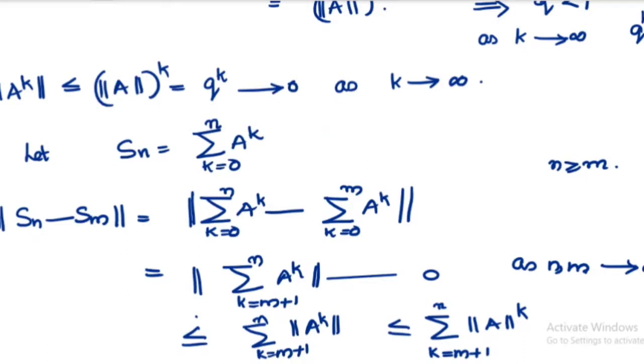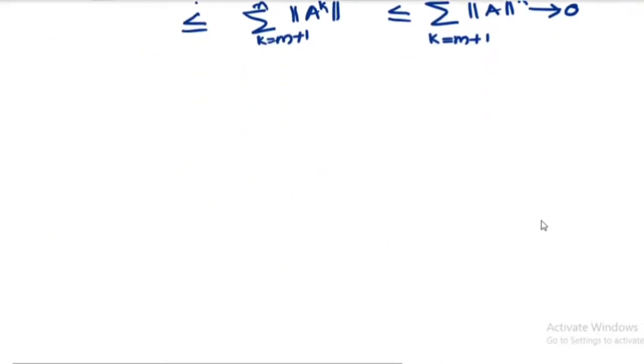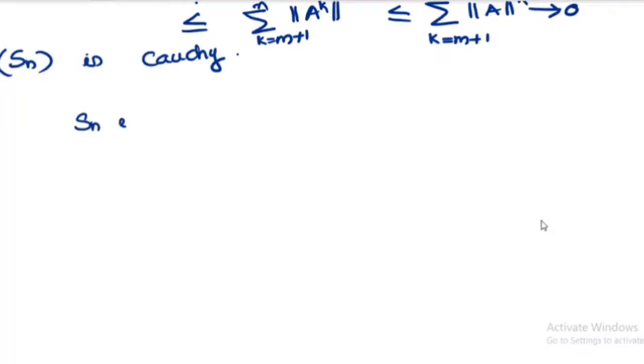As m, n tends to infinity, this term tends to 0. Thus we get norm of Sn minus Sm tends to 0 as n, m tends to infinity. This implies Sn is a Cauchy sequence. Therefore the sequence Sn is Cauchy, so it is convergent.